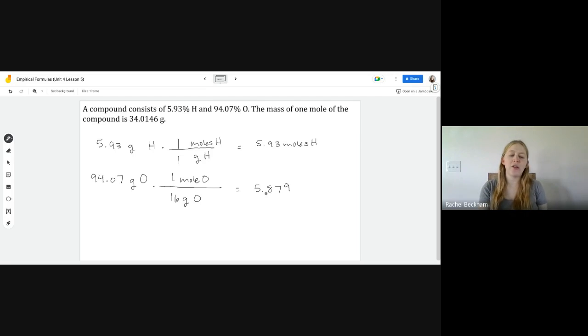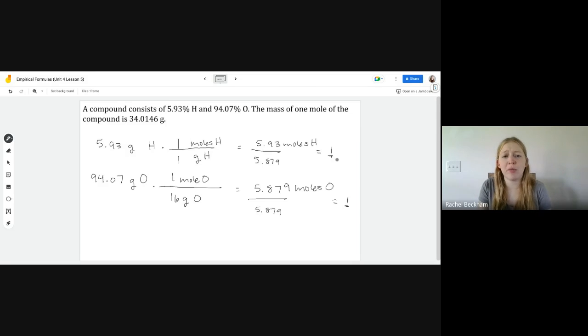Once we have the moles, we divide each of them by whichever one is the lowest. 5.879 is lower, so we divide both of them by 5.879. 5.93 divided by 5.879 is about 1, and 5.879 divided by 5.879 is 1.